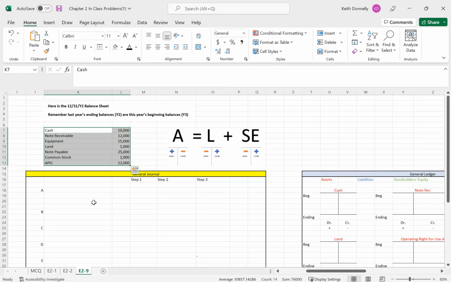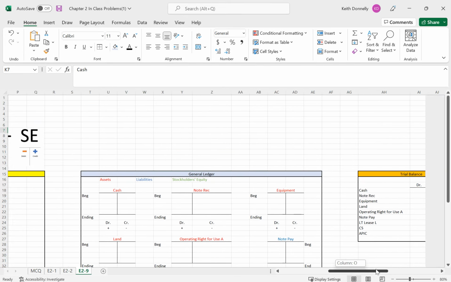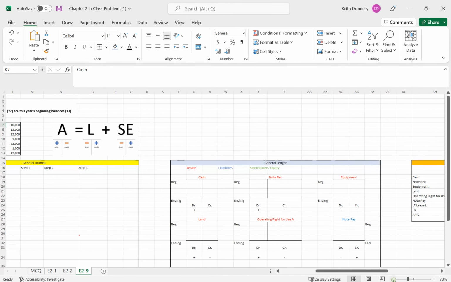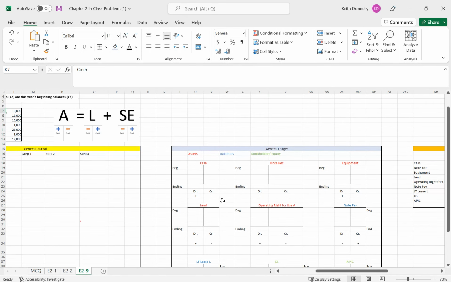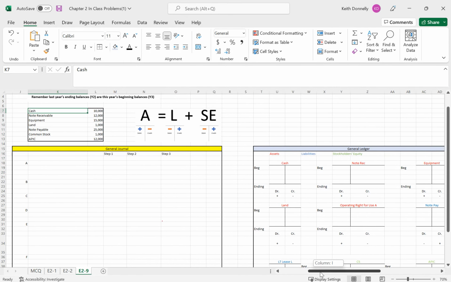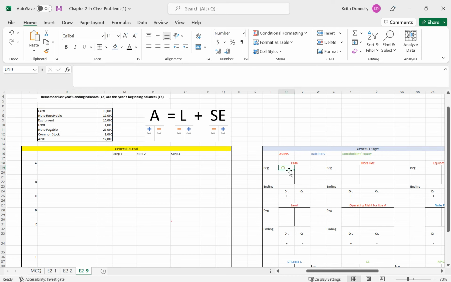In other words, our balances from the balance sheet at the end of year 2 are going to be year 3's beginning balances. So I built out a general journal and a general ledger, here's the T accounts. This will make more sense as we go through. What we're first going to do is carry over last year's ending to this year's beginning.